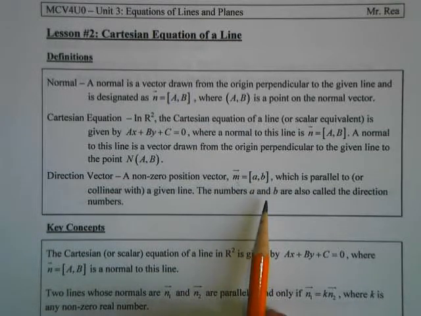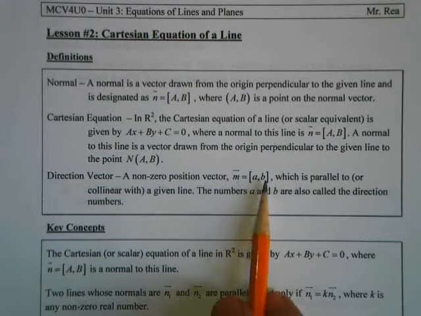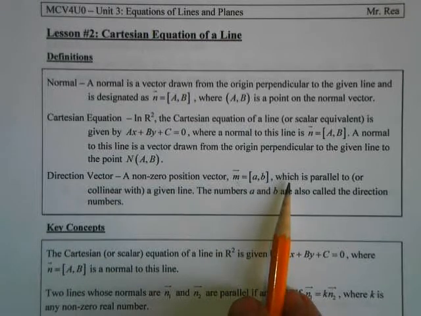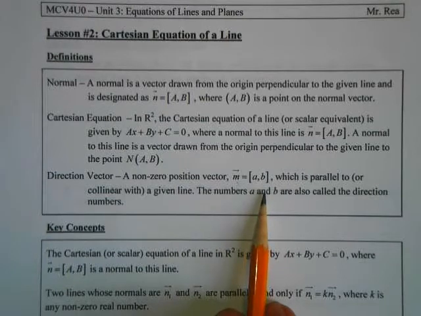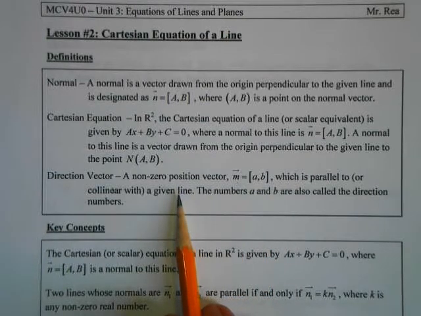So it's a direction vector, and it tells basically the slope of the line in R2 that we're talking about. It doesn't necessarily have to be the line, but it's parallel to the line that we're defining with the vector equation.